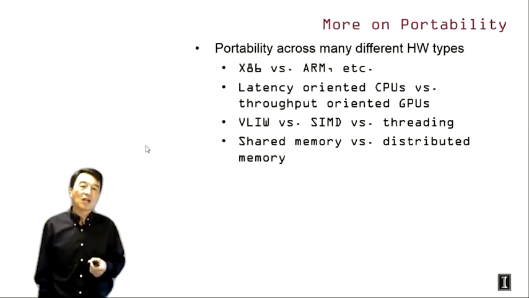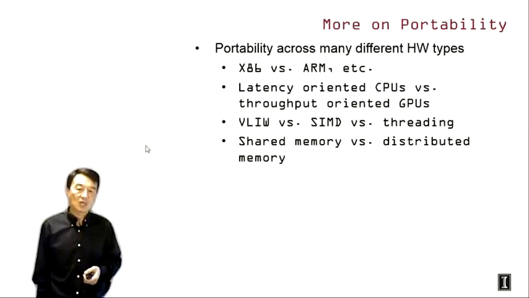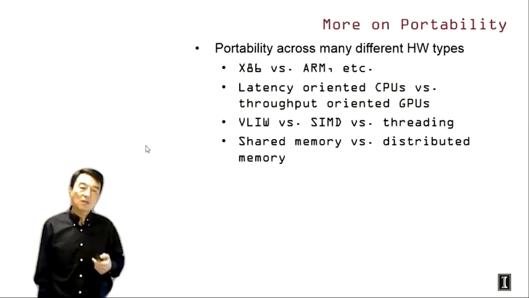We could have latency-oriented CPU designs versus throughput-oriented GPU designs. So when we develop a piece of code, can we expect it to run well on a latency-oriented CPU if it runs well on a throughput-oriented GPU?